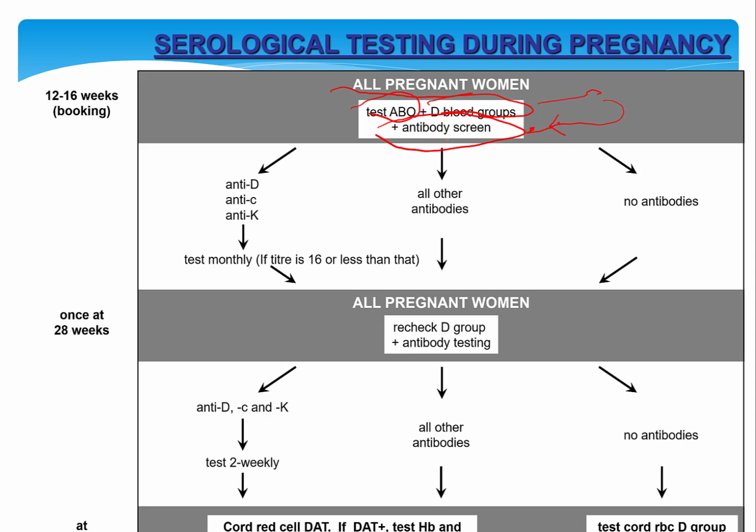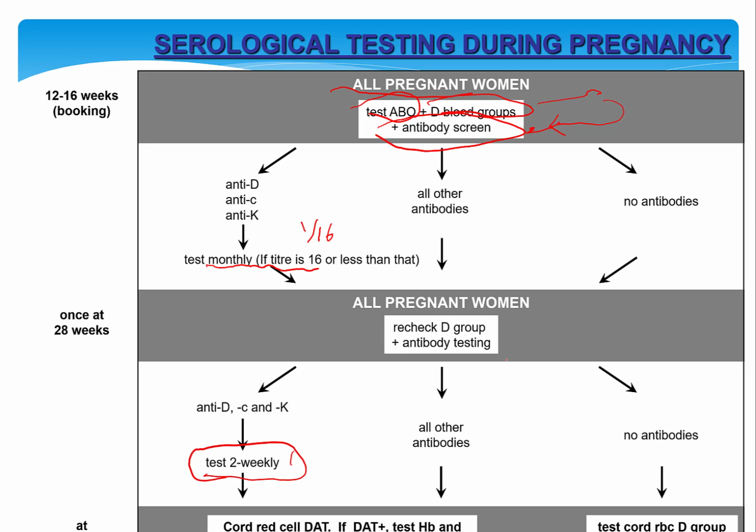If antibody is detected, they are tested monthly until we reach 1 in 16 titer. If it is more than 1 in 16, then you get them for 2 weekly follow-up. So that is the normal follow-up until you see a sudden rise in antibodies. If you do have other antibodies, just routinely follow up.